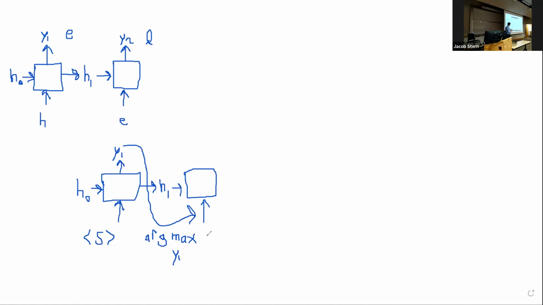If y1 had length 2 and each of those probabilities was 0.5, then half of the time we would sample position 0, and half of the time we would sample the token at position 1. If the probabilities were 0.75 and 0.25, then 75% of the time we would sample token 0, and 25% of the time we would sample token 1. So that's what sampling is.